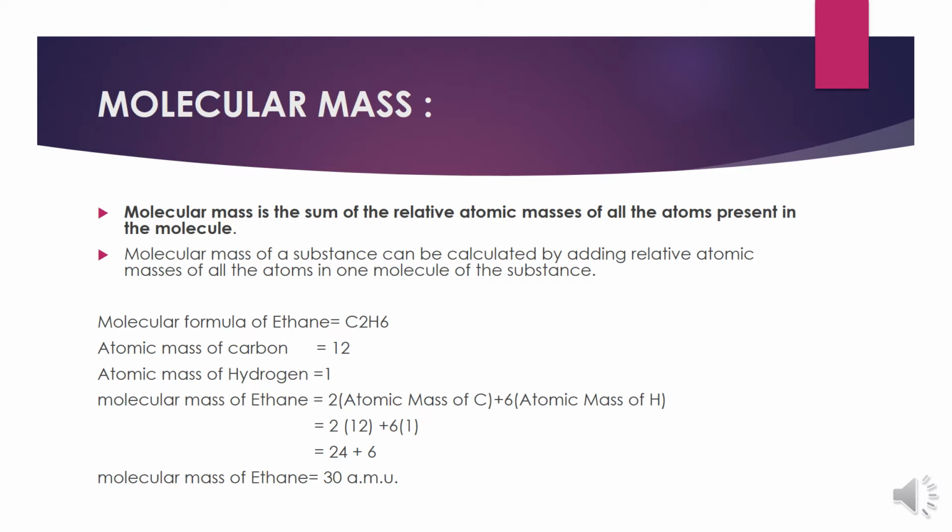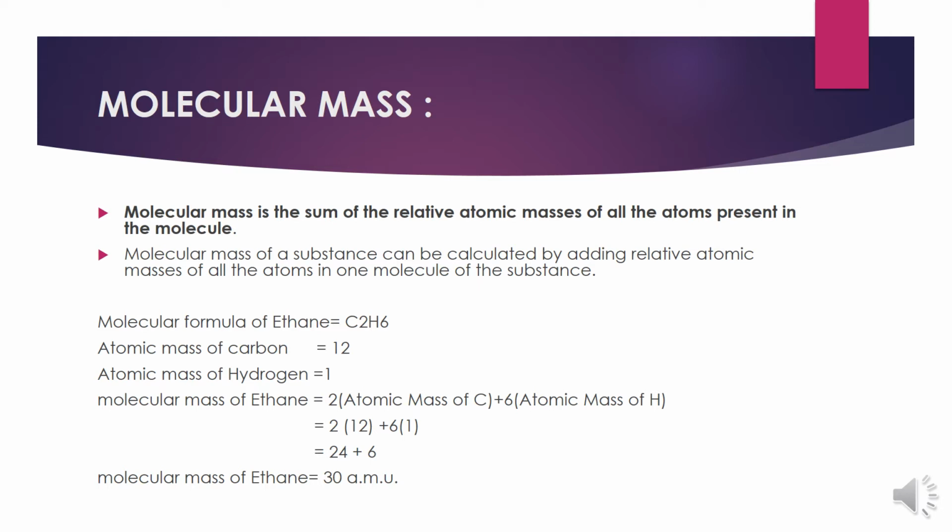Means the atoms present in the molecules always have their relative atomic masses. So taking the sum of the relative atomic masses of all atoms present in a molecule is called the molecular mass. Clear? Molecular mass of a substance can be calculated by adding relative atomic masses of all the atoms in one molecule of the substance.